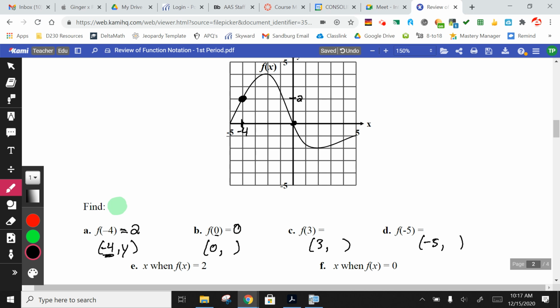Although I suppose the next one I made a little trickier, because you're going to have to estimate a little bit. That's okay.